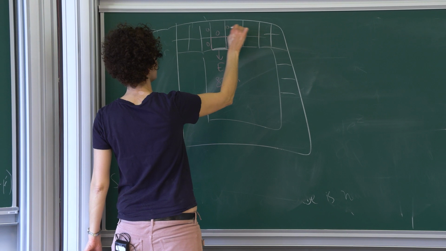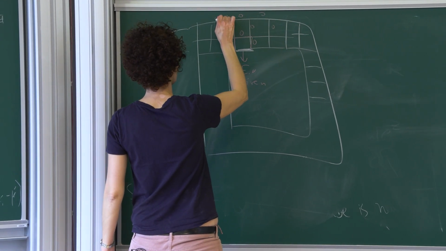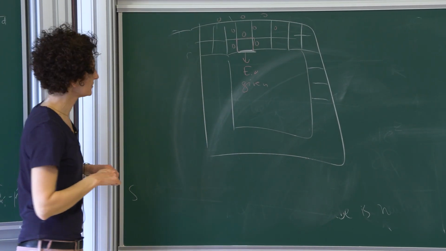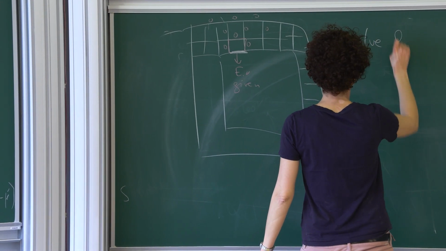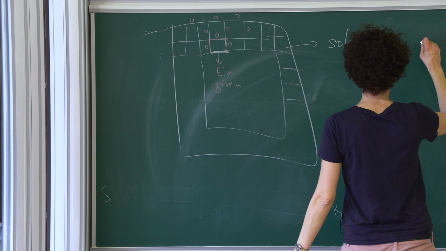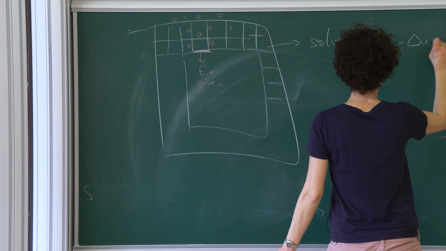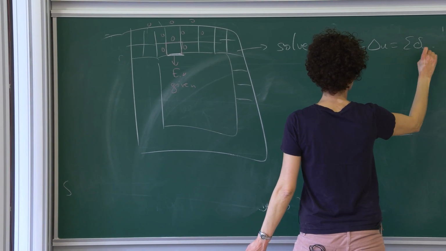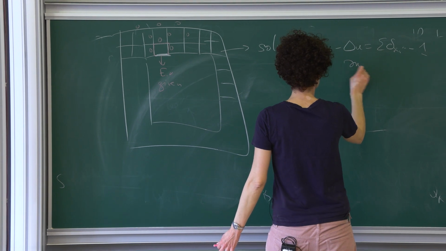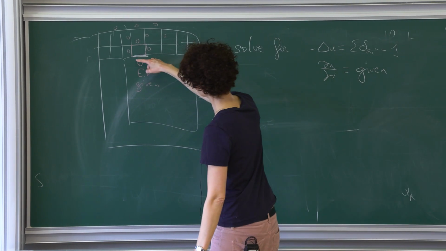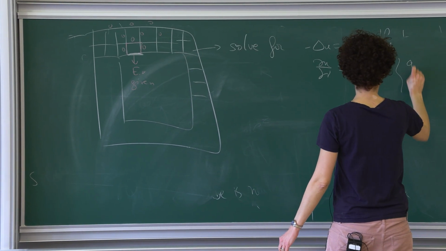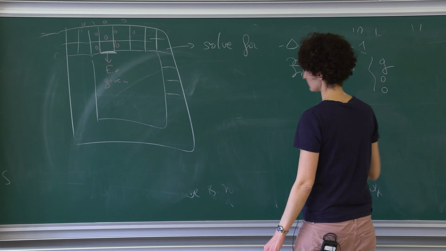You're going to put 0 on all these boundaries and then reach the boundary. So you're going to solve problems, equations of the form minus Laplace u equals something, ∂u/∂ν equals something given, which does this. So it's like some function or 0 or 0.